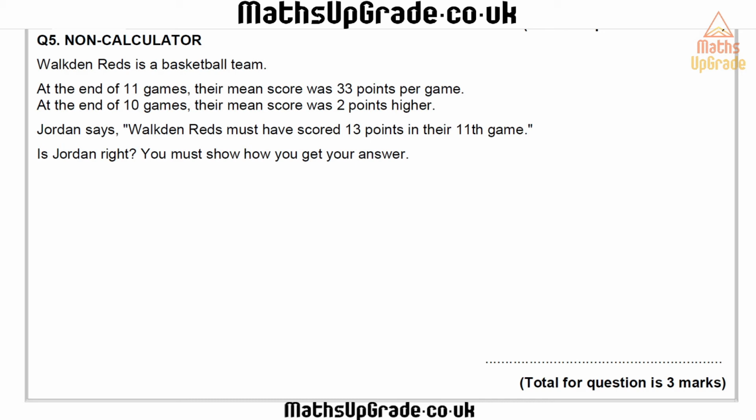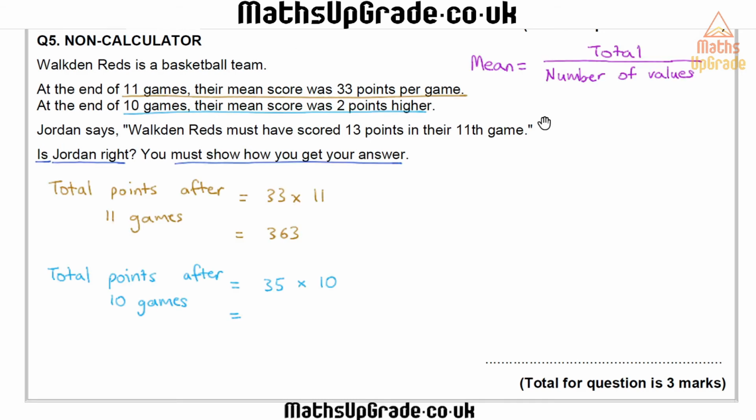So again, like with previous questions, we're going to use the fact that the mean is a total divided by the number of values. So we can find the total number of points after 10 games and after 11 games. Let's find the total after 11 games. That's going to be the mean, which was 33, times the number of games they've played, which is 11. That's 363.